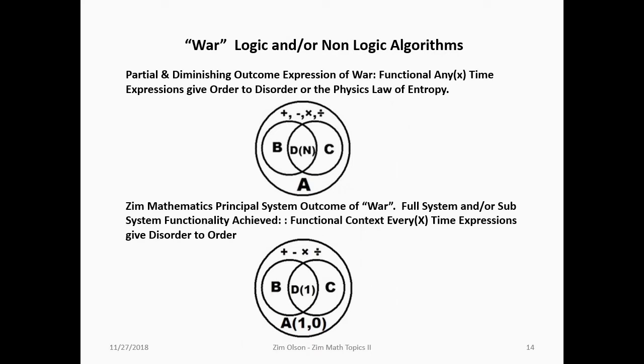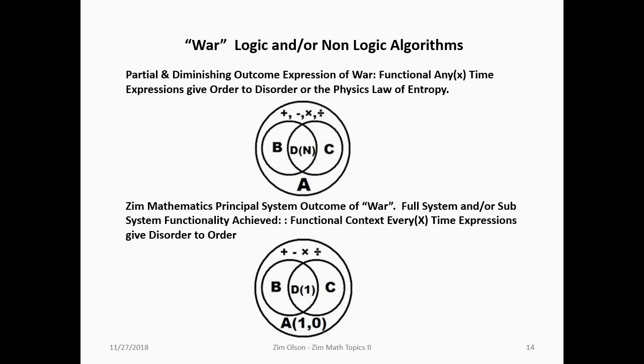Here's another take on my approach to Zim mathematics outcomes on war, principal system versus partial system outcome of war. Here I show a Venn diagram depicting partial and diminishing outcomes expression of war, where I express the functional NEX time expressions representing contemporary war expressions give order to disorder or give the outcome of entropy physics using the physical law of entropy.